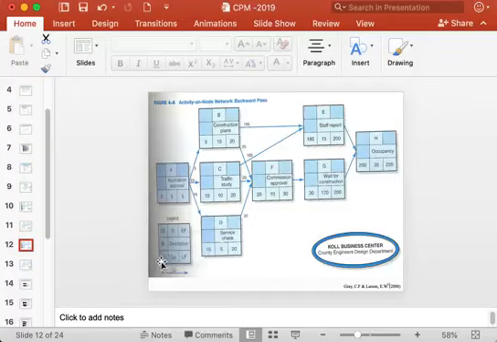You can see latest finish time and latest start time, and so on. So calculation of latest times starting from the last activity towards the first activity is called backward pass.